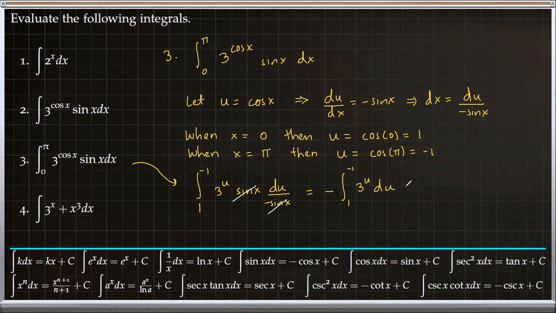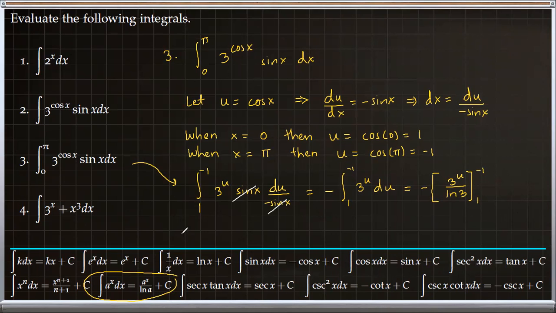Okay, now we are ready to do the integral, and we can apply this formula with a equals 3. So that will give us negative in the front as it is, and the integral of 3 to u will be 3 to u divided by natural log of 3, which we evaluate from 1 to negative 1.